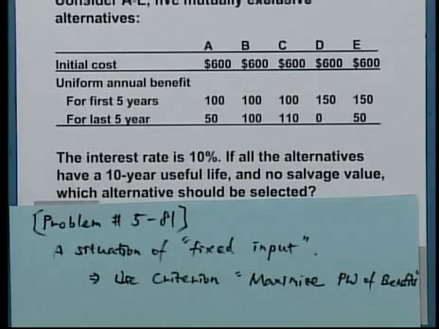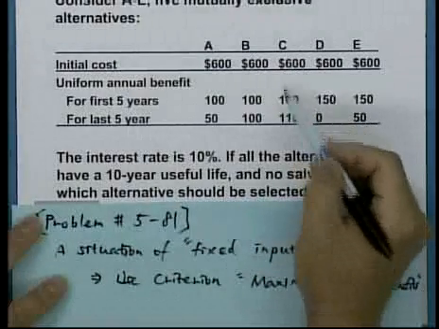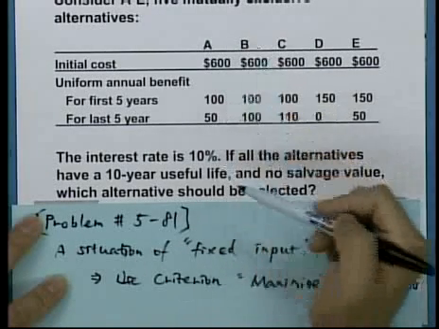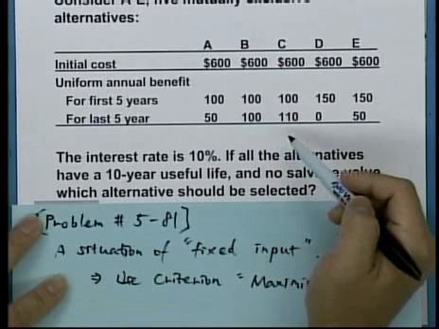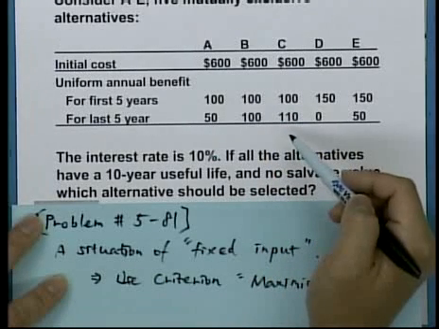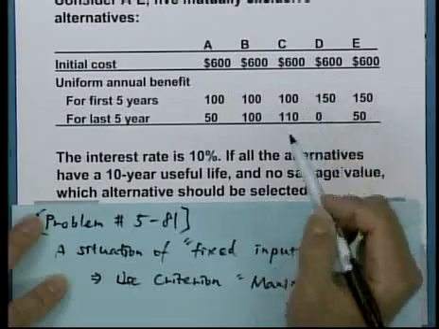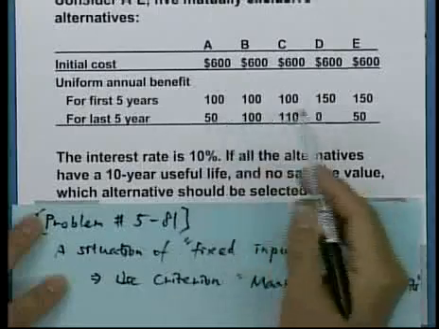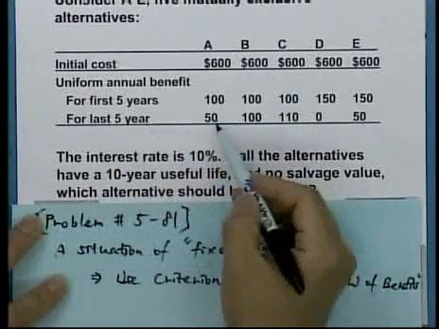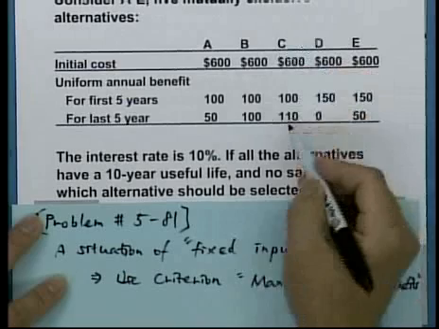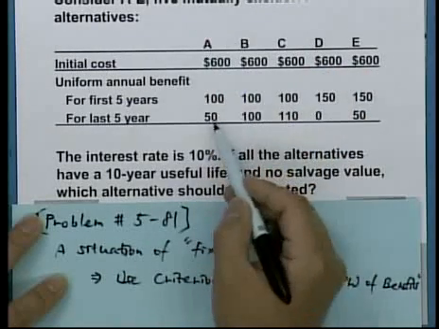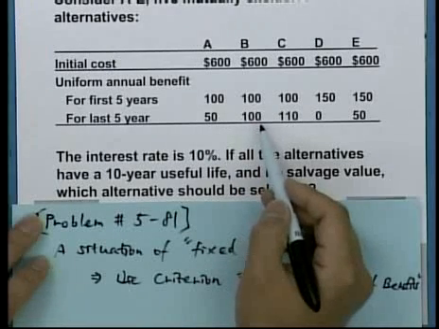And by inspection, you can see that alternative C is preferred over alternatives A and B because it has larger benefits, right? Here, the uniform annual benefit for the last 5 years for alternative C is $110. However, alternatives A and B are $50 and $100 respectively.